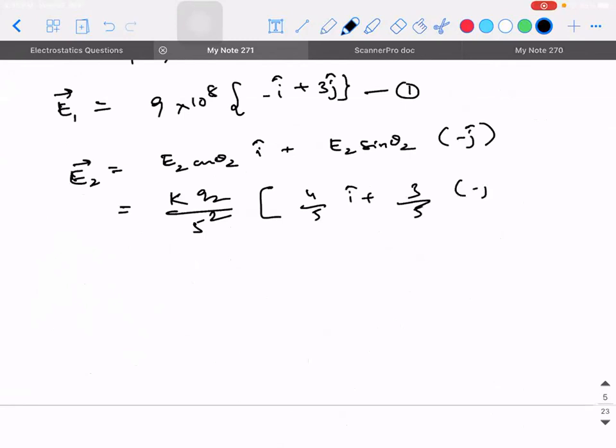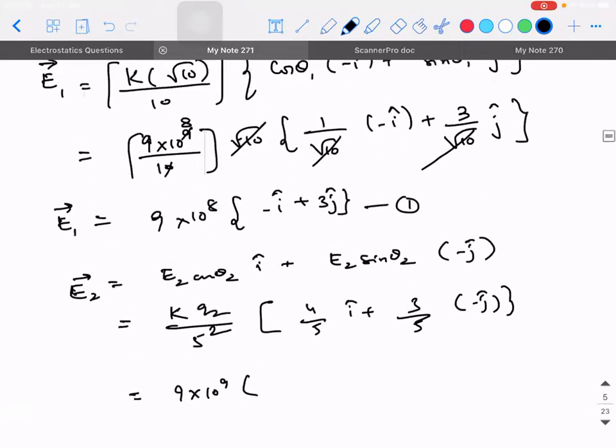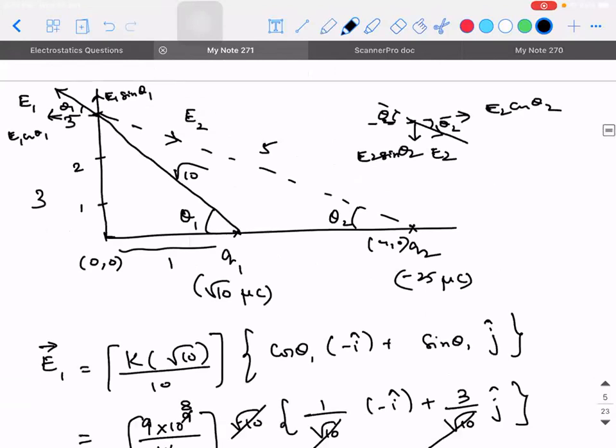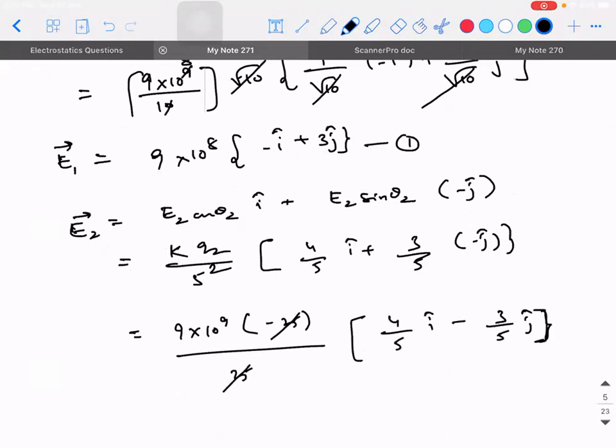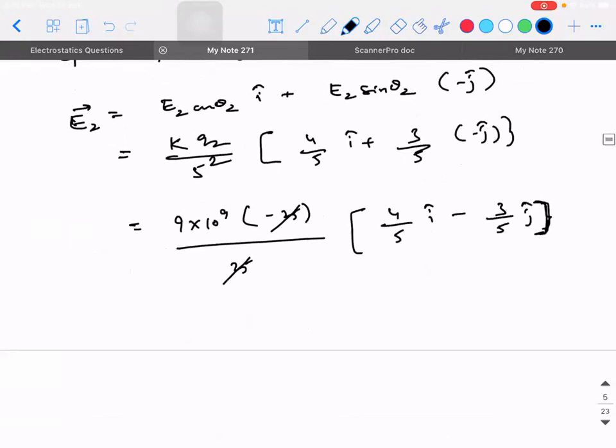Sin theta 2 is 3 by 5 minus j cap. That is 9 into 10 power 9 into, what is the value of Q2, guys? Minus 25. Yeah? So you add both, that is going to give you the answer.